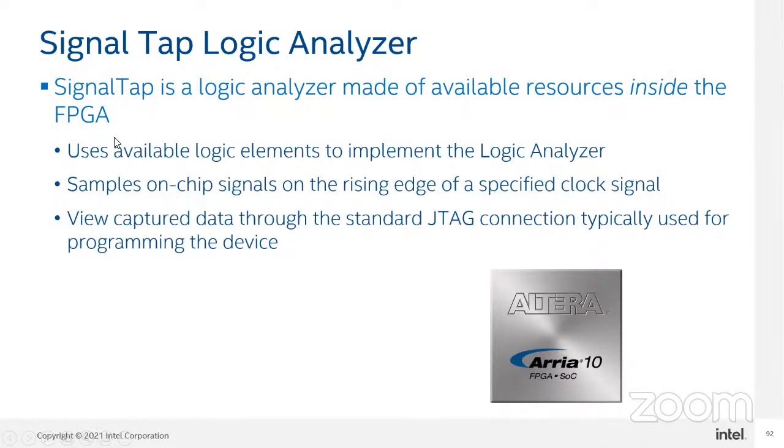It uses available logic elements to implement the logic analyzer, and it samples on-chip signals on the rising edge of the specified clock signal. It views the captured data through the standard JTAG connection typically used for programming the device. The only difference is that we have to physically connect the board to the system when we use the Signal Tap logic analyzer.